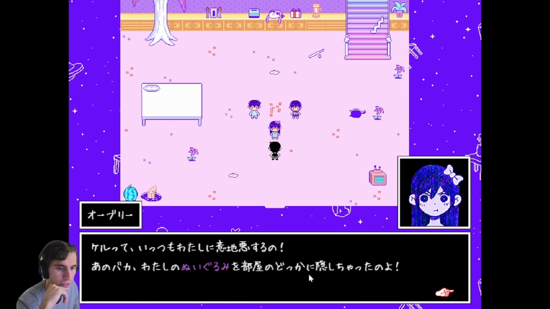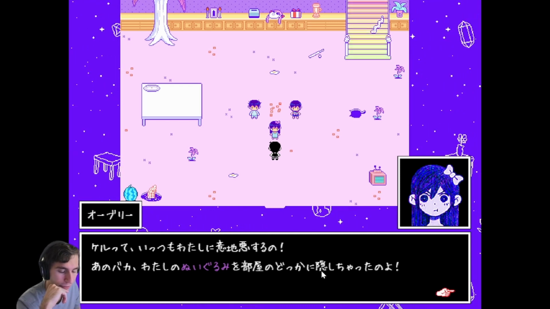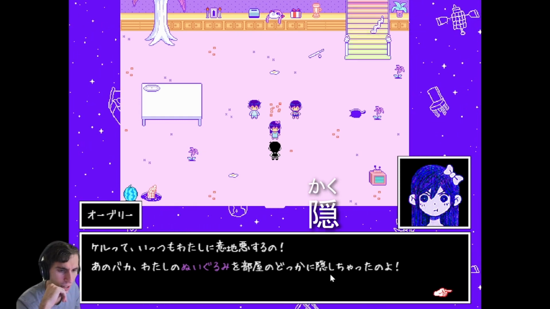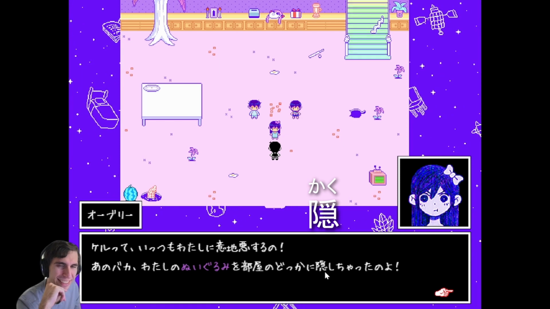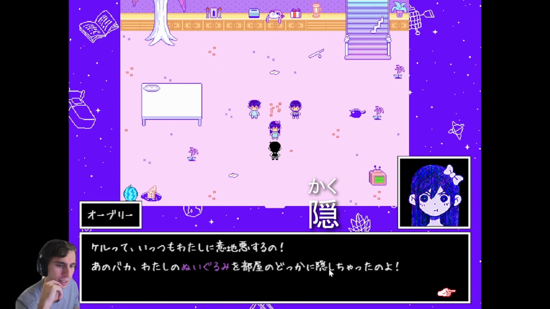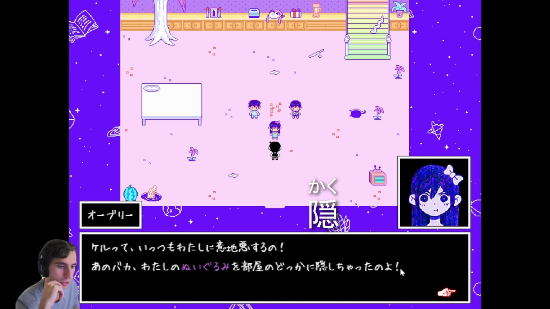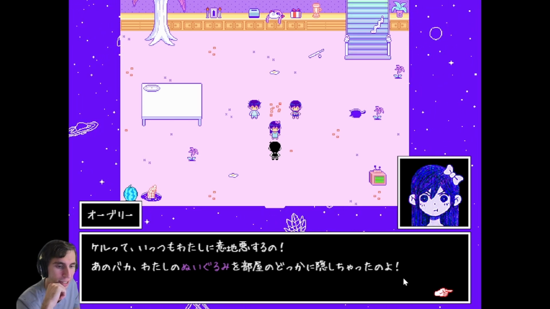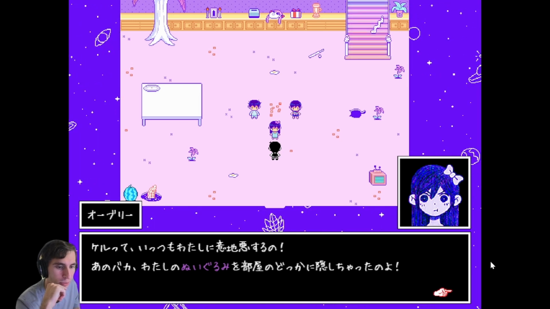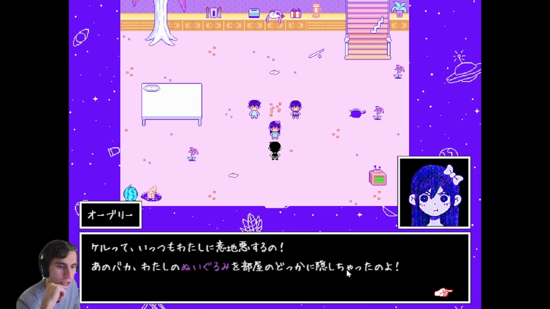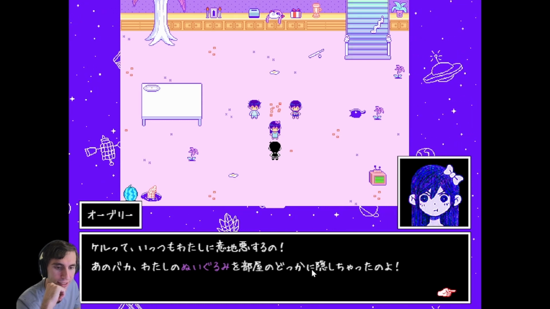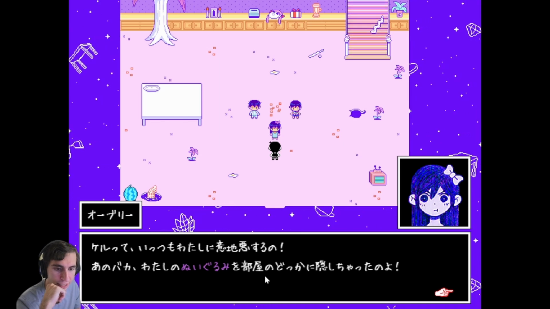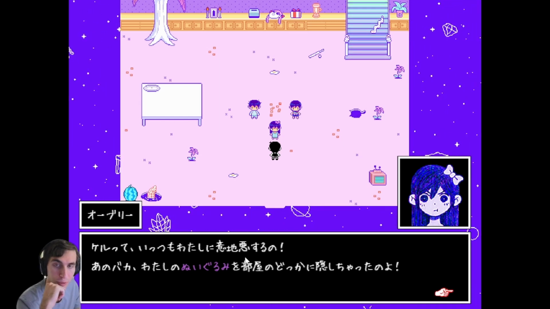So the room's somewhere. And then we have kakushichatta no yo. So kakusu is to conceal or hide. And then we have some emphasis here. So basically, not jumping into the grammar too much here, but kakushichatta no yo is basically like, that idiot hid in this room, somewhere in this room.